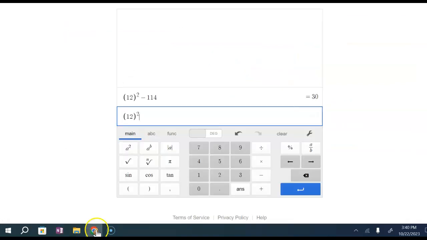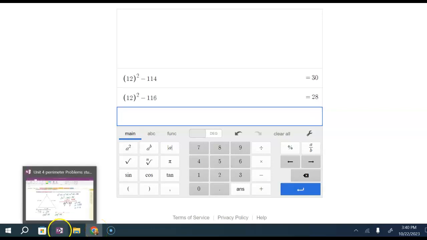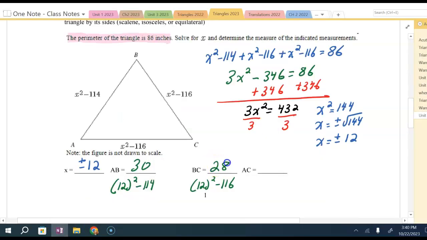So 12 squared minus 116 gives me 28. AC is also 12 squared minus 116, and I just did that, so that's 28. And to check it, if I do 30 plus 28 plus 28, I do get 86, which is my perimeter.